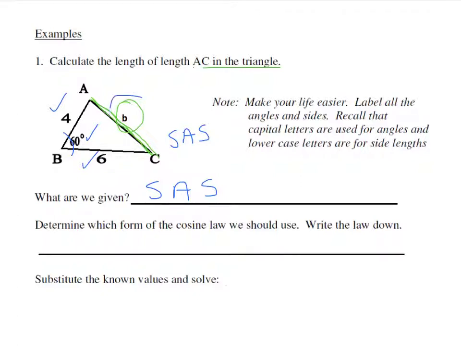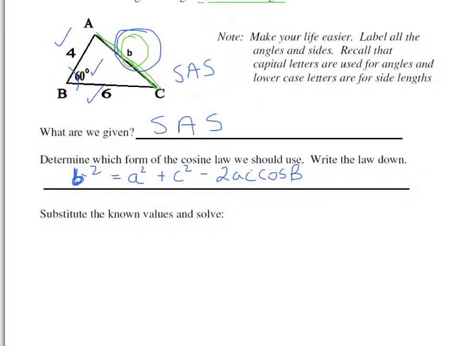Well, we're trying to find B, so it's going to be B squared equals A squared plus C squared minus 2AC cos of angle B. So now we're going to just substitute the known values from this triangle into this formula and see what we get. So B squared equals, what's little a?